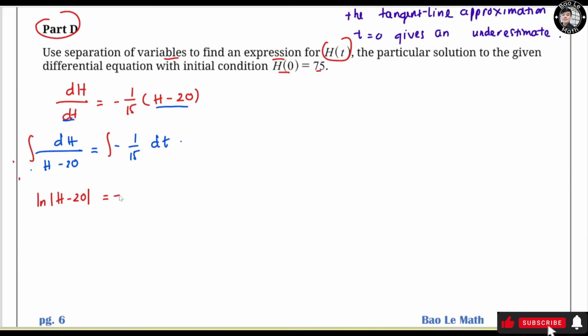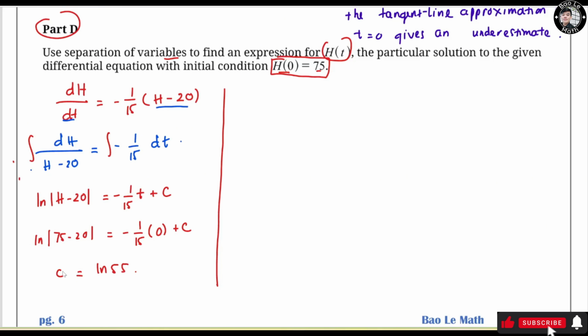The right hand side is negative 1 over 15 t plus c, right? Use the initial condition right here to solve for c, right? So we have ln absolute value of 75 minus 20 equals negative 1 over 15 times 0 plus c, right? So c equals ln of 55, right?